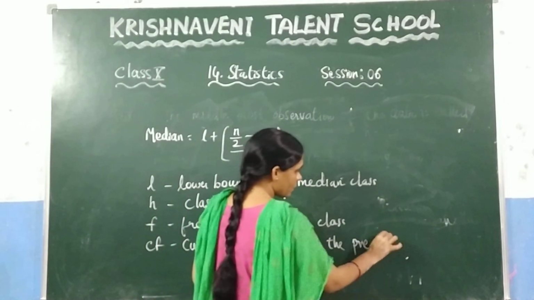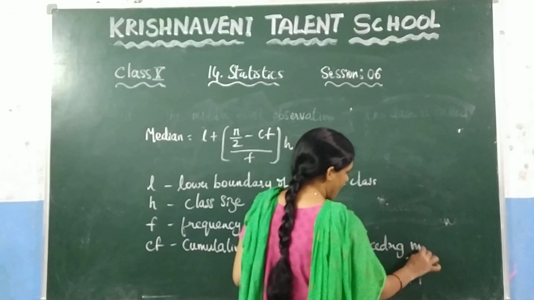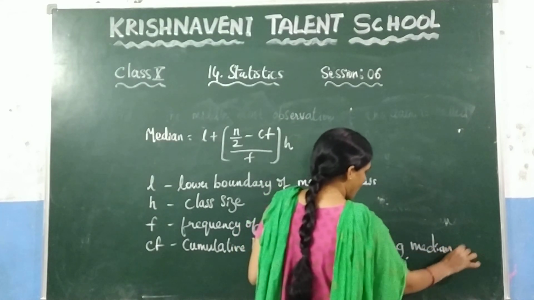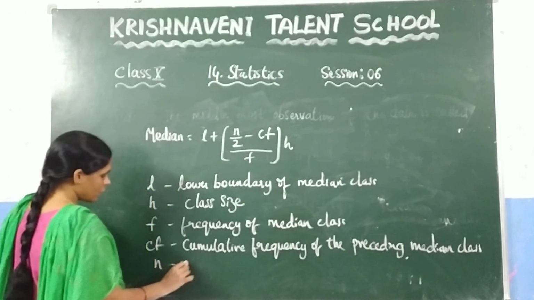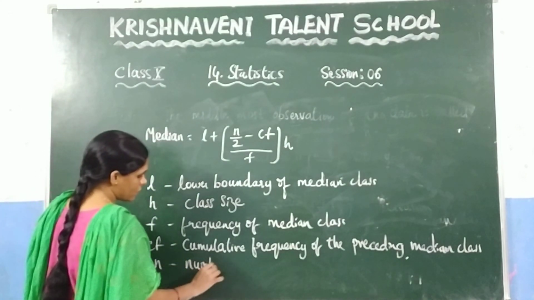Preceding is nothing but the before. And what is meant by n, which is the number of observations.